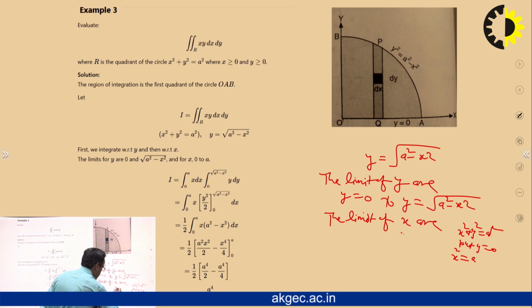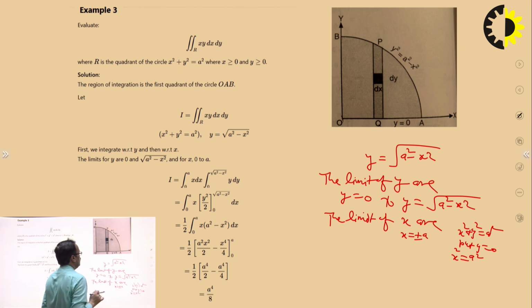This means x is equal to plus or minus a. The minus a is here and plus a is here. The minus a is out of the range. So the coordinate of A is (a, 0).